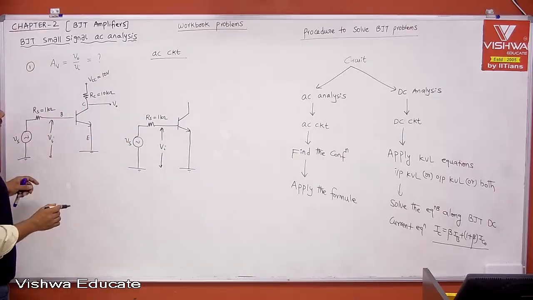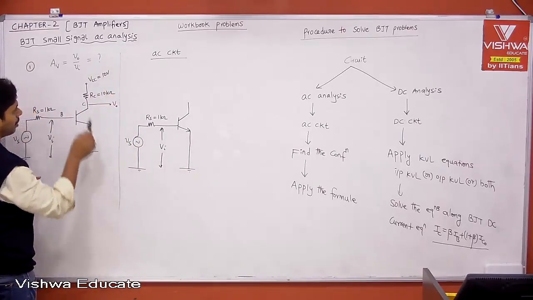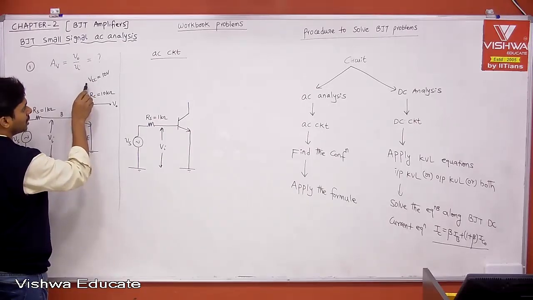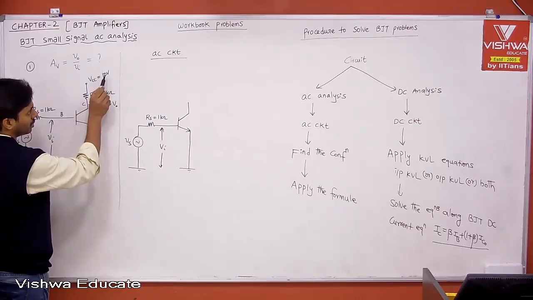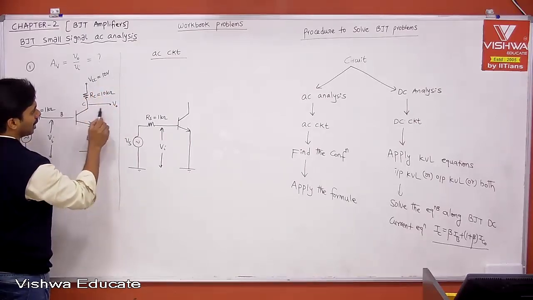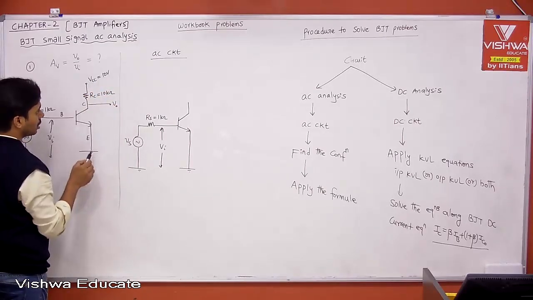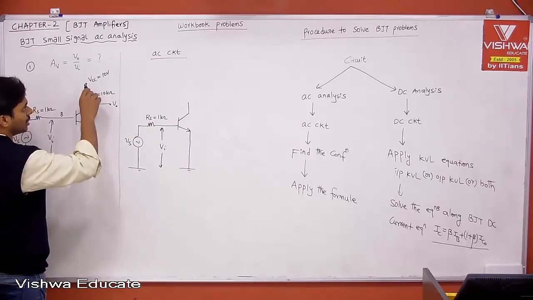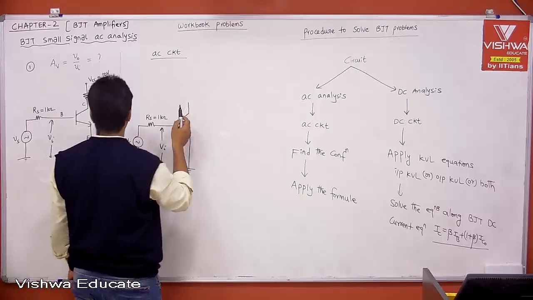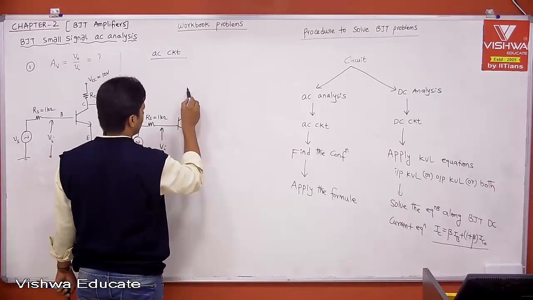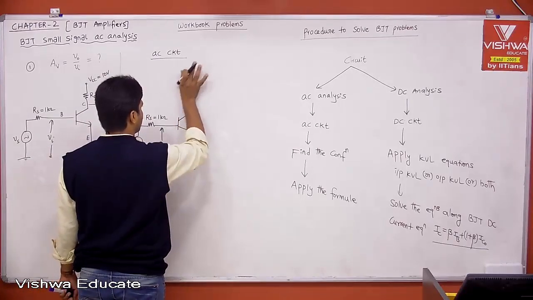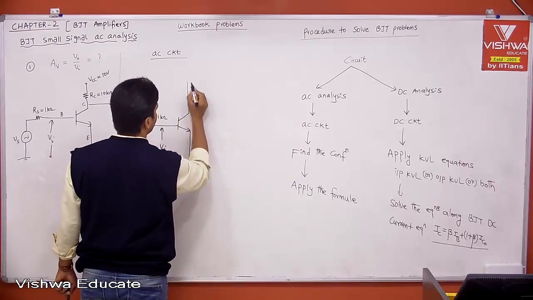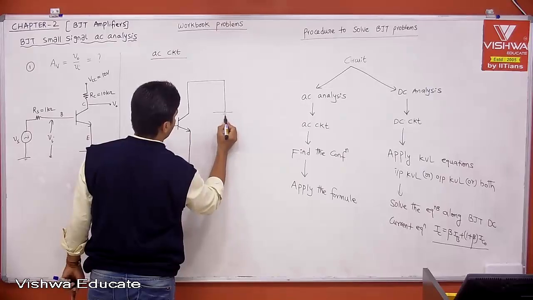Now, let's see, what about the power supply? The meaning of saying that the voltage at this point with respect to ground is 10 volts is that there is a battery connected between this node and ground.